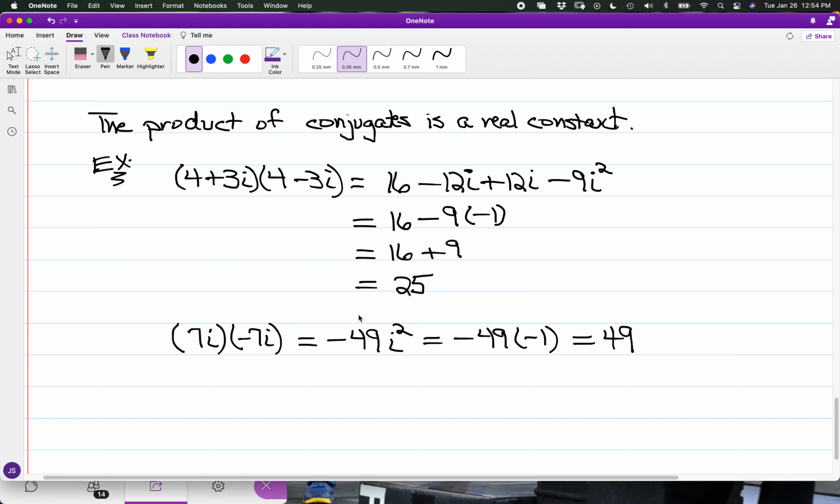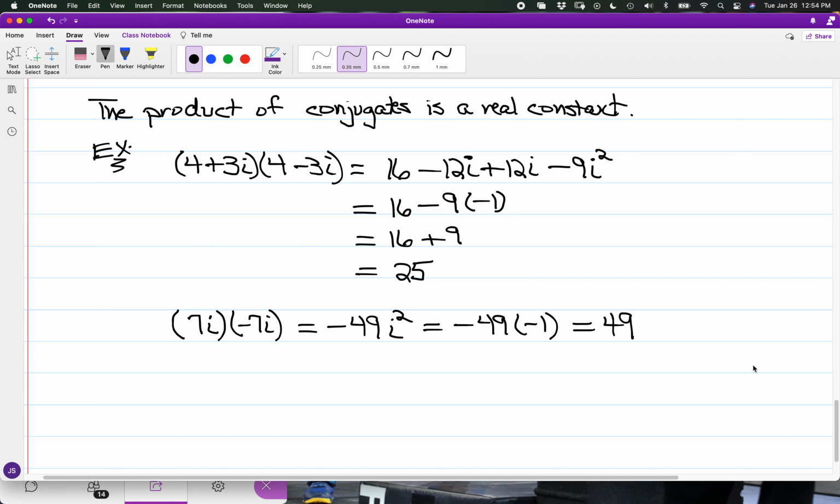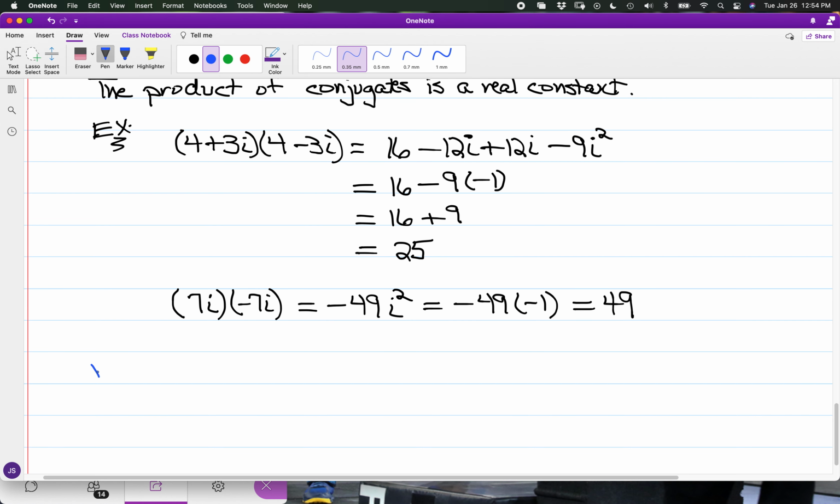All right. Now, in the case of division regarding complex numbers, taking conjugates of the denominator can be used to express complex fractions.